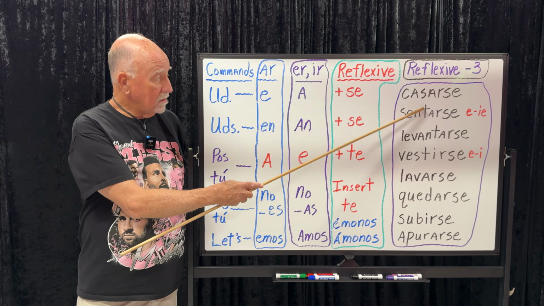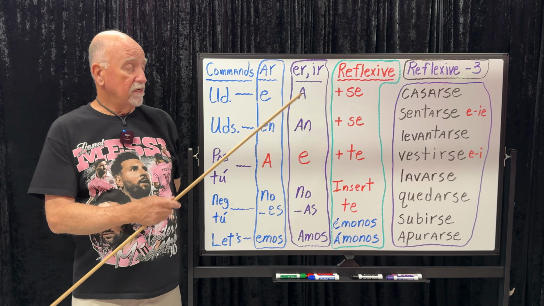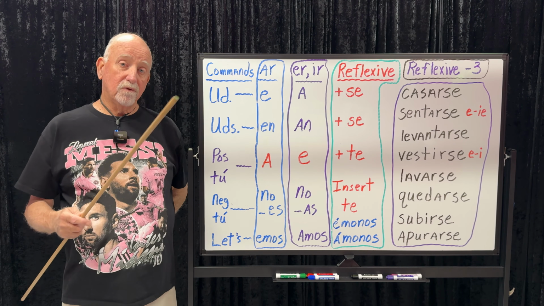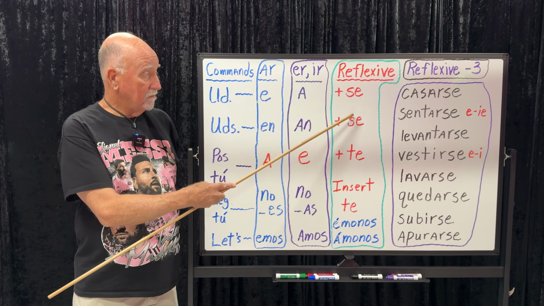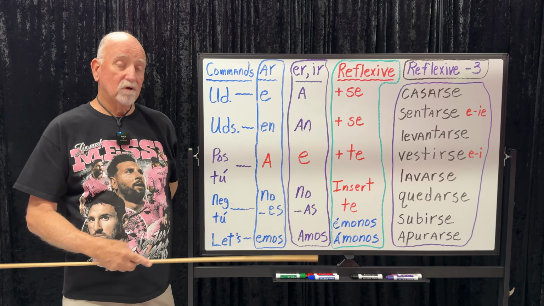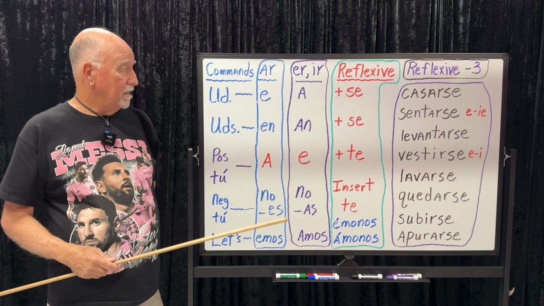So here are our example verbs. If you're going to do a command with a reflexive pronoun, in the positive command the pronoun goes on the end of the command, and you're going to have to go back three vowels and put an accent mark, like we did.